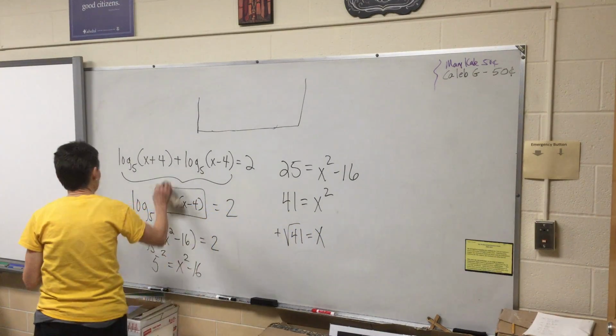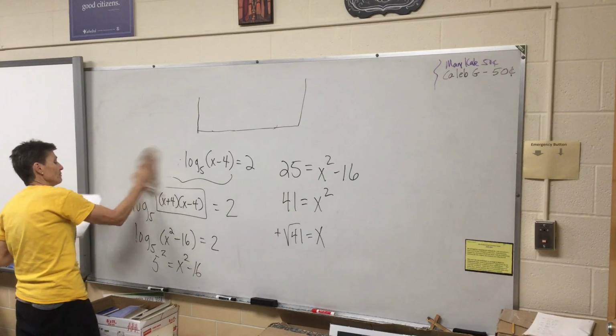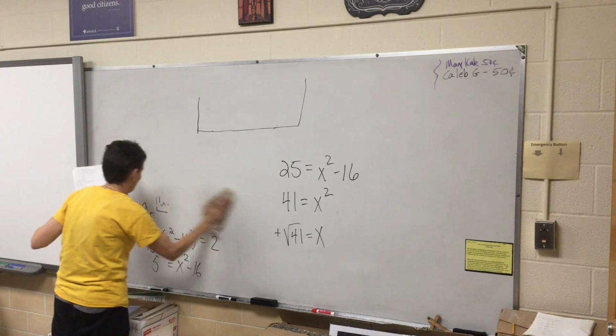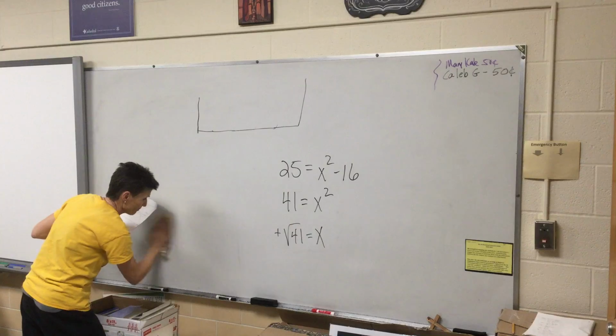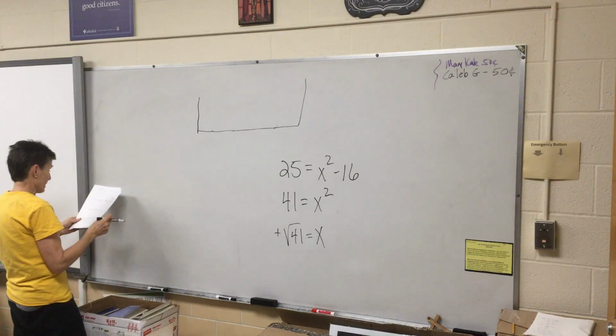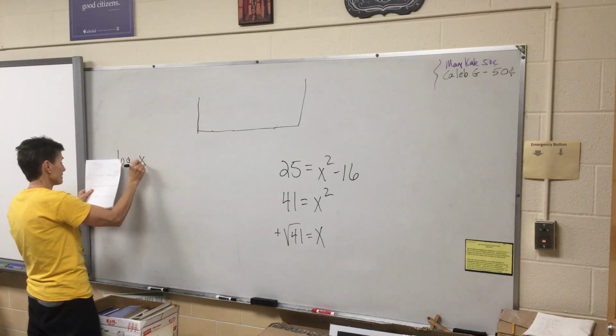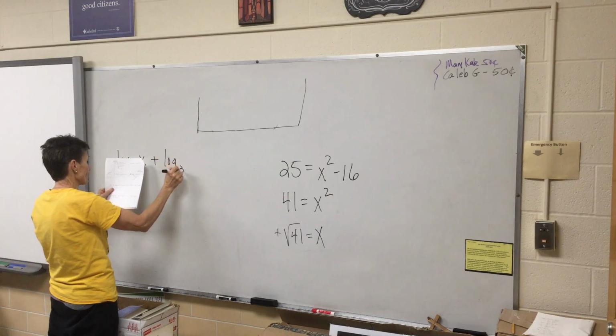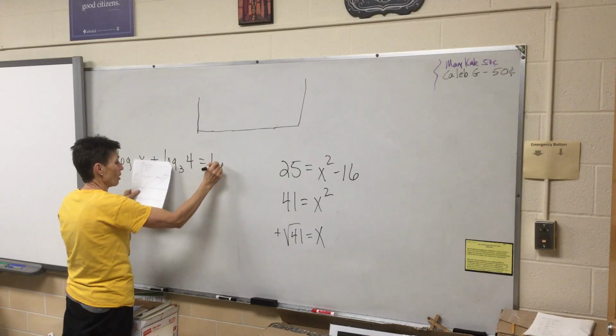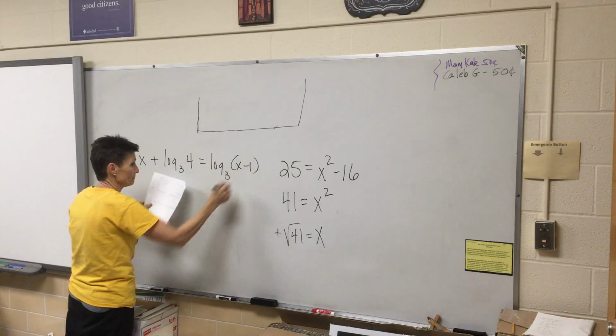All right, F. And F ran off the page. So I'm just going to make something up for the end of it and hope for the best. So I'm going to say log base 3 of x plus log base 3 of 4 equals log base 3 of x minus 1.